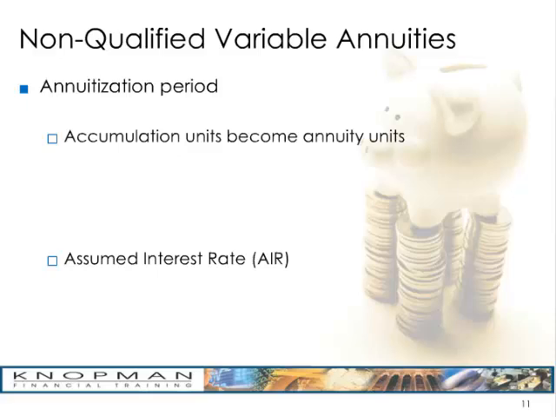This is necessary in order to start withdrawing funds from the plan. And because contributions are no longer being made, once the account is annuitized, the number of annuity units is fixed. The number of annuity units does not change.